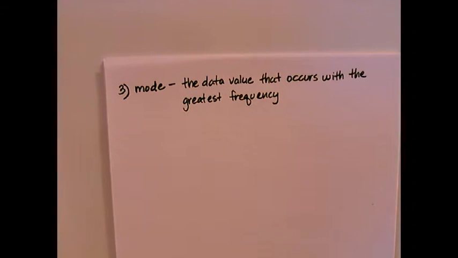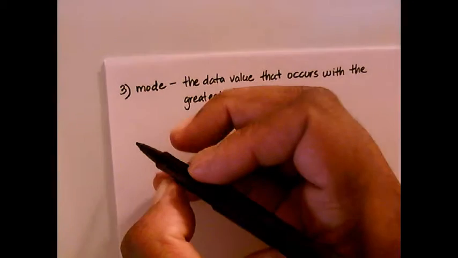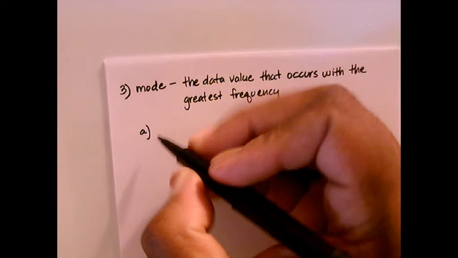Okay, it's the data value that occurs with the greatest frequency. Now, a data set can have one mode, more than one mode, or no mode. Okay, so let's look at some examples of just this.